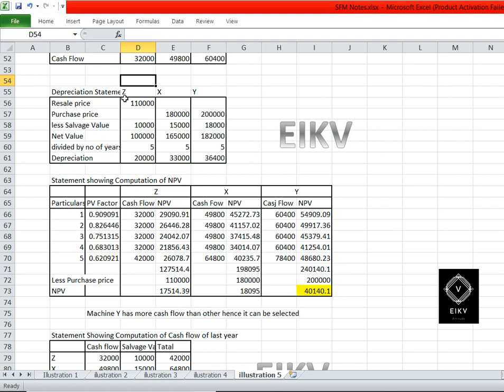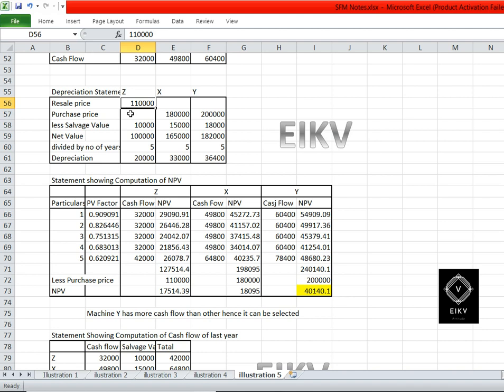Please keep this adjustment in mind, because in this problem we need to compute the feasibility study, not in terms of accounting, so no rules of accounting apply here. So we need to take the resale price for computing the depreciation.